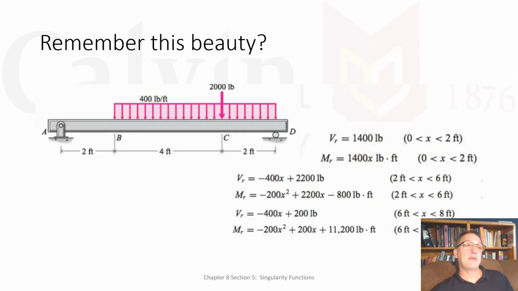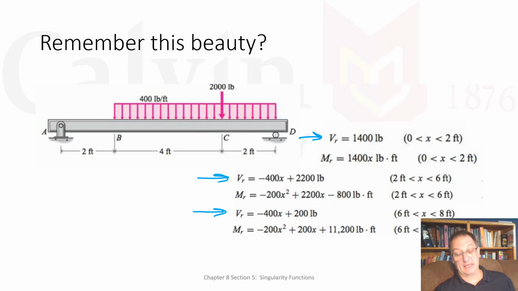You remember that beauty that we did at the beginning of chapter 7? We had this beam 8 feet long, and it had a distributed load and a point load and 2 reaction forces. We got equations that were conditionally true, in the sense that I have a shear equation that I had to write down in 3 different chunks, because one chunk is true for 0 to 2 feet, one chunk is true for 2 to 6 feet, and the other chunk is good for the last 2 feet.